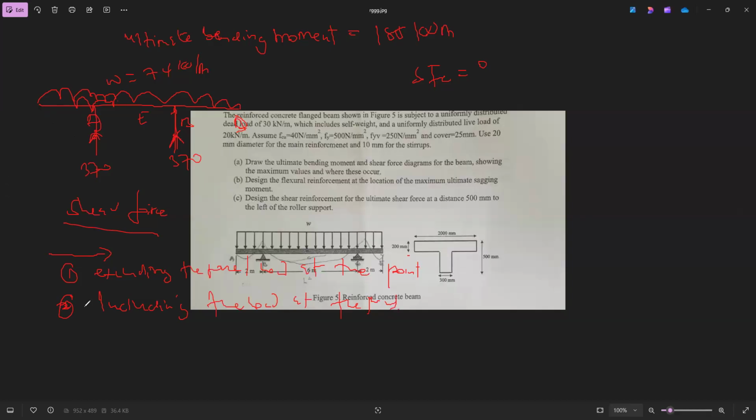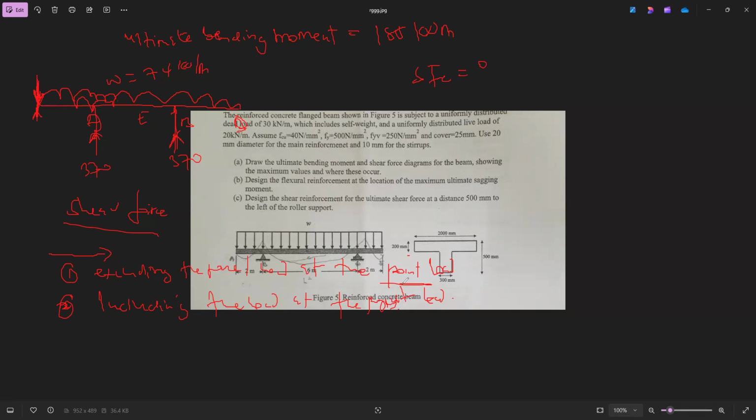If there were to be a point load here, I've written a point load, I didn't write a UDL, so you have to take note of it.